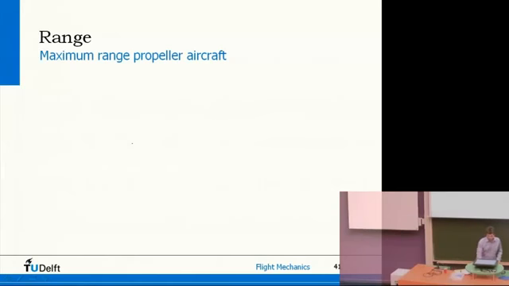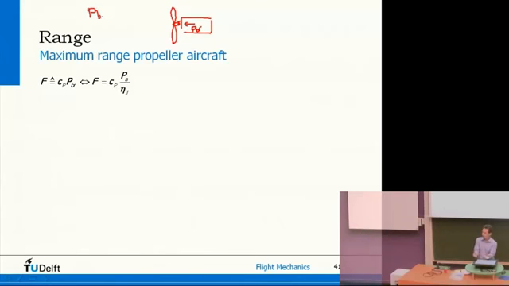So, the fuel flow of a propeller. If this is the propeller and you have some kind of a propulsion system, then there's a certain power delivered to this shaft around which the propeller rotates. P brake is what we call shaft power, and this is delivered to the propeller.